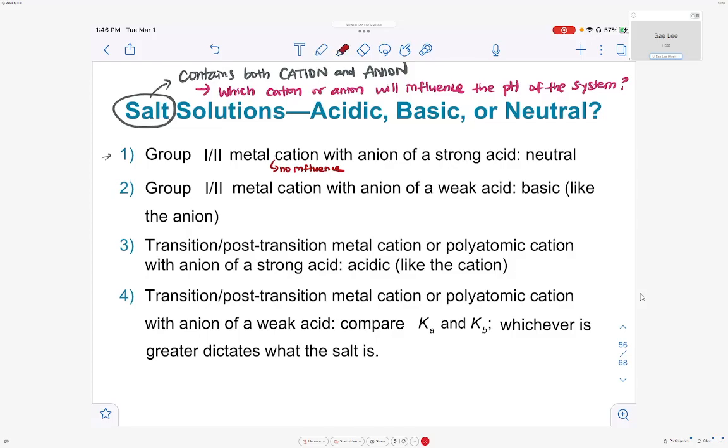But the anion of a strong acid, the anion of a strong acid also has no influence on pH. Okay?